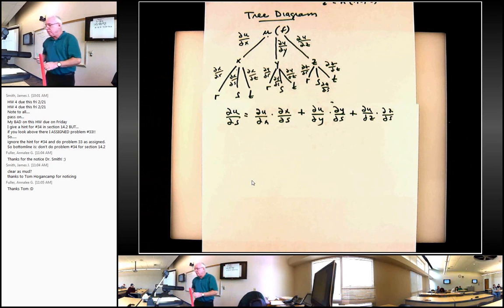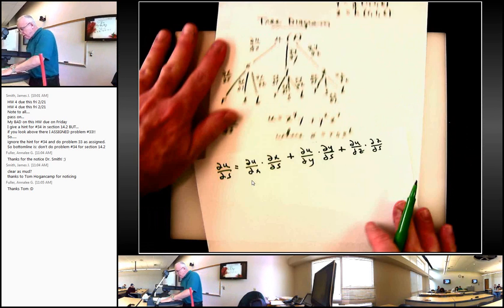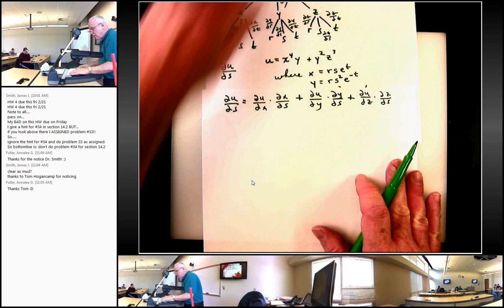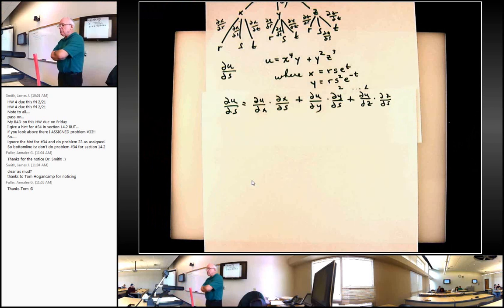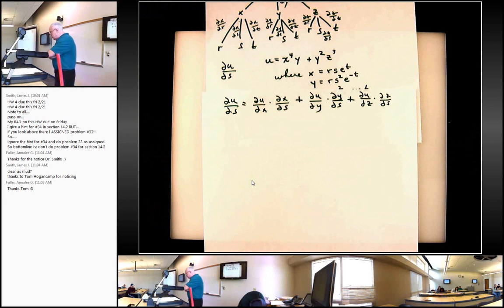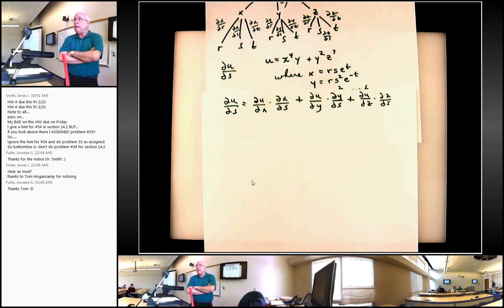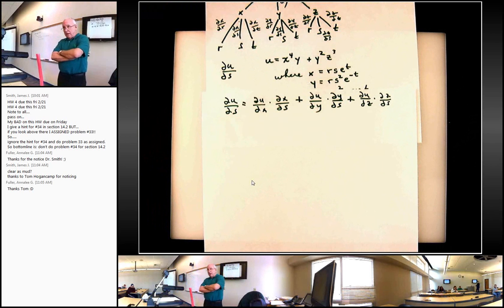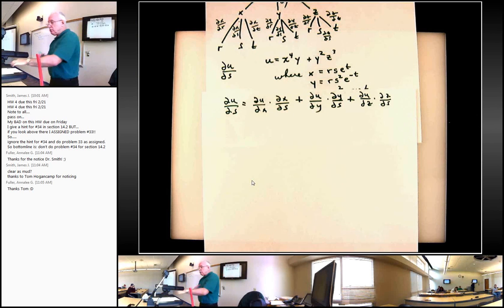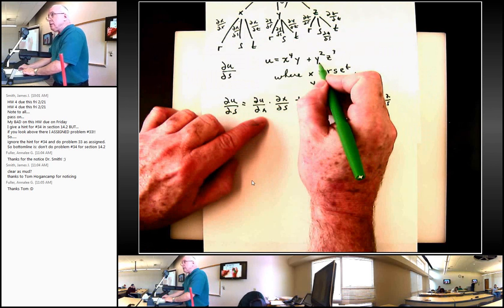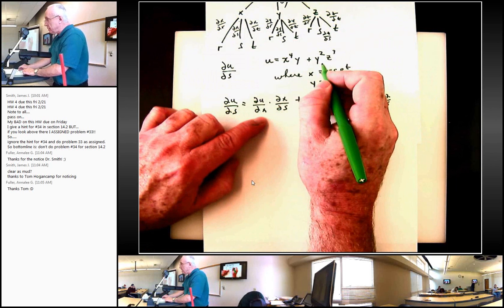Now, here's our function here. When we figure out delta U, delta X, now we have three variables here. We have X, Y, and Z. So when we have three variables, we keep the other two variables constant. So this time we're doing the derivative with respect to X, but Y and Z both have to be treated as constant.